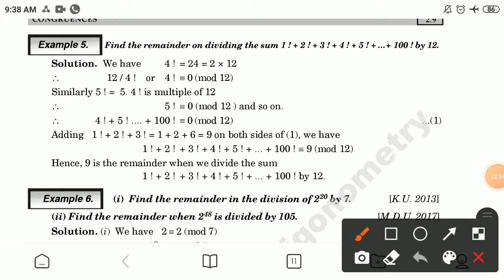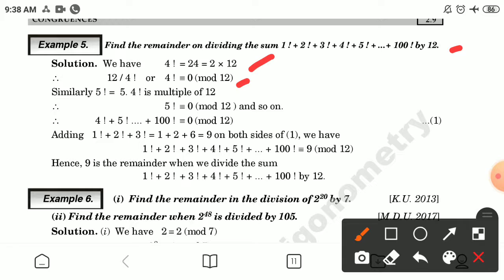Find the remainder on dividing the sum 1 factorial, 2 factorial, 3 factorial, and so on up to 100 factorial by 12. We have 4 factorial is equal to 24, that is 2 into 12. Therefore 12 divides 4 factorial, or 4 factorial is congruent to 0 mod 12.